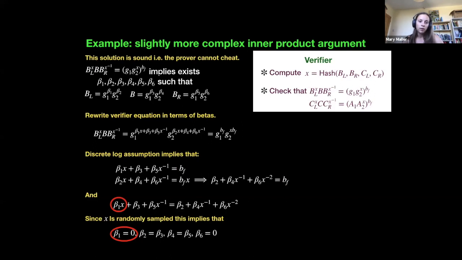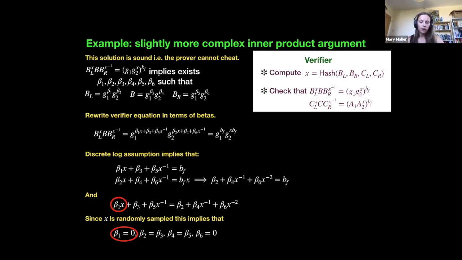Now these betas, which are determining BL, B, BR, were chosen before the prover knew what X was. Because the prover has to choose BL, B, and BR in order to hash those elements to find X. And because our hash is a random oracle model, this means that they cannot later go and change BL once they know X.